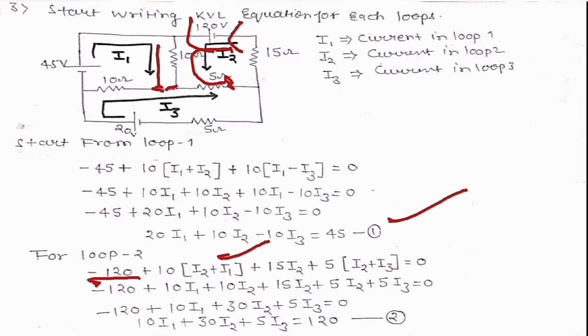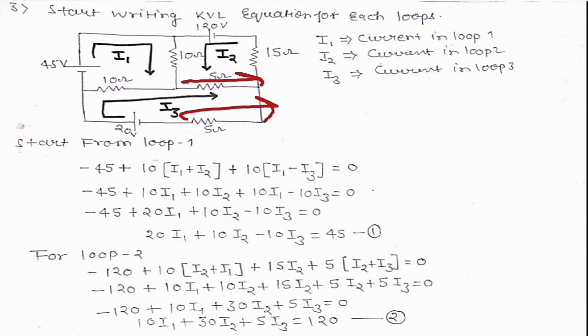Then plus the 5 ohm, so we take 5 I2 plus I3, because both currents are in the same direction. And then it goes to this current, so it is 15 I2.